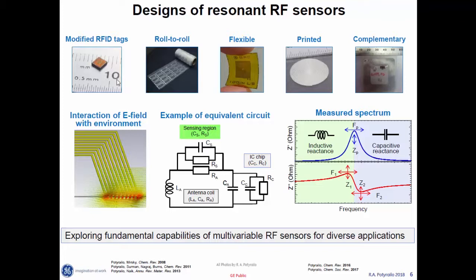When we do the measurements of the full resonant spectrum, such as real part and imaginary part, then this simplified circuit becomes quite a lot more complex, because we know from 100 years of existence of these structures, LCR resonators, that on the low frequency portion it will be inductive reactance, and on the high frequency portion of the resonance it will be capacitive reactance.